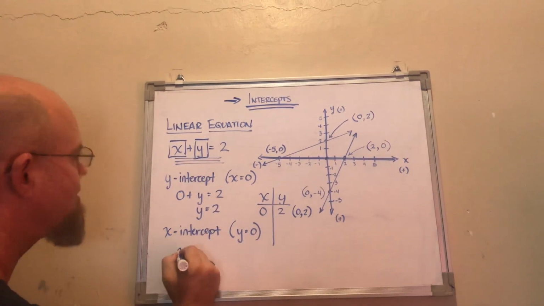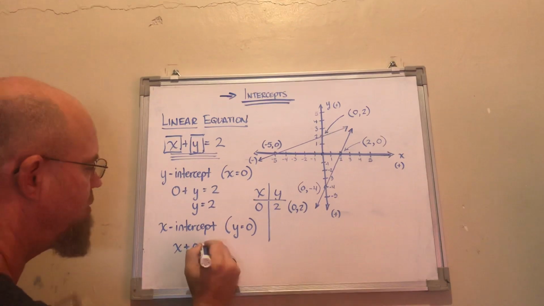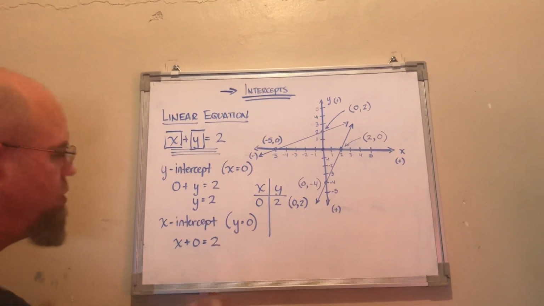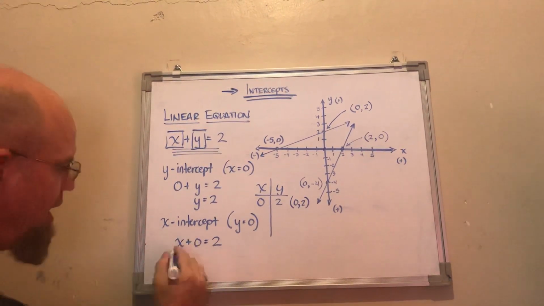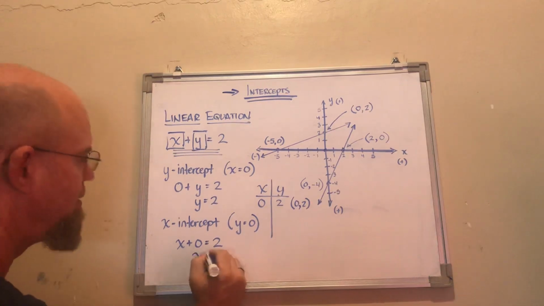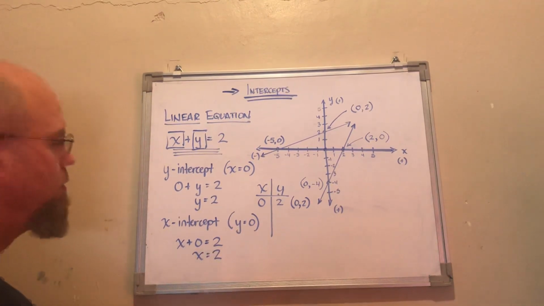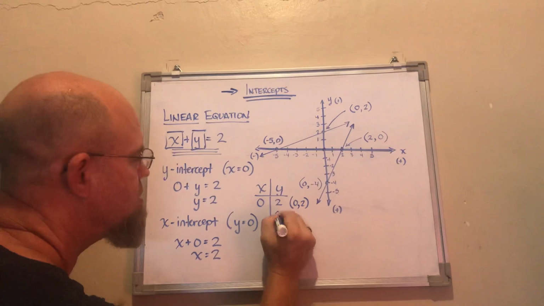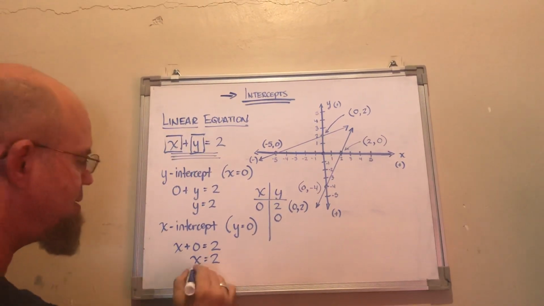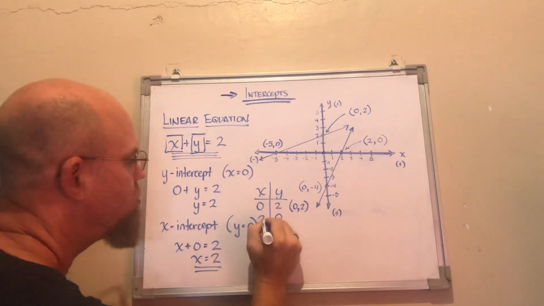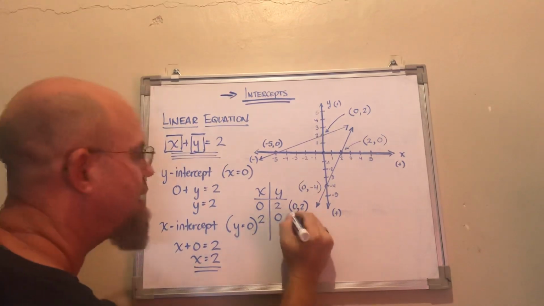So I have x plus 0 equals 2. Well, x plus 0 is x, so x equals 2. So when y equals 0, x equals 2. And that's our second point.